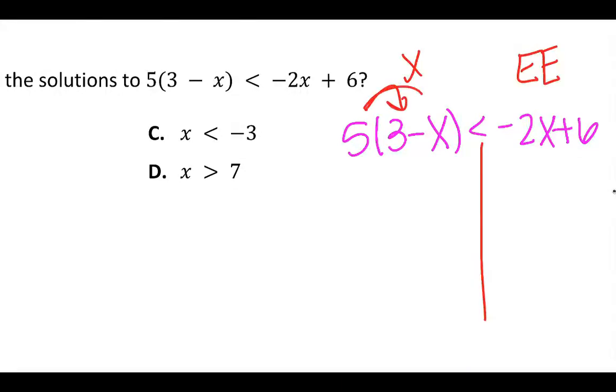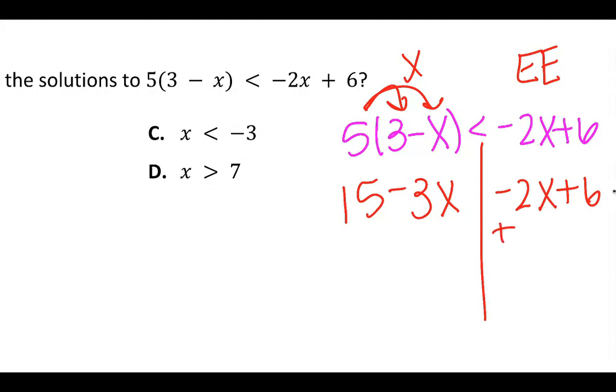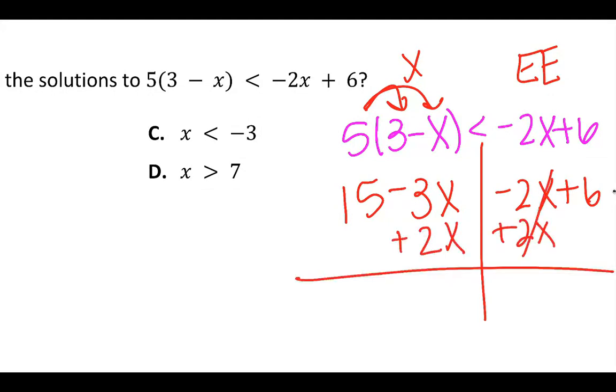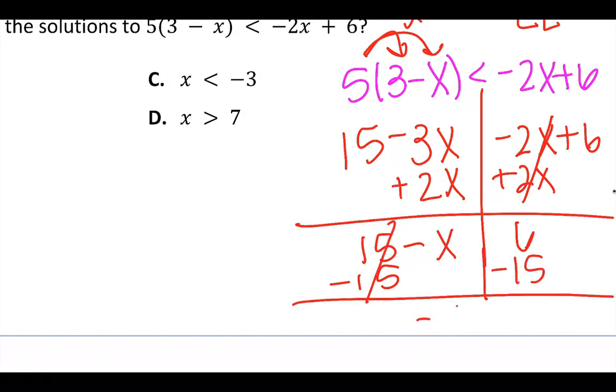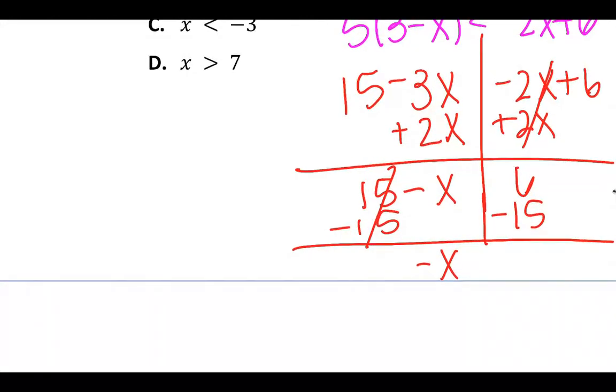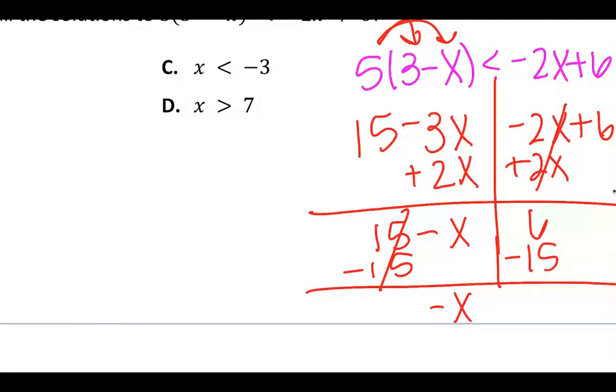I've got to distribute and combine like terms, so 15 minus 3x and -2x plus 6. I'm going to add 2x to both sides. 15 minus x and 6. Then I'm going to subtract 15.